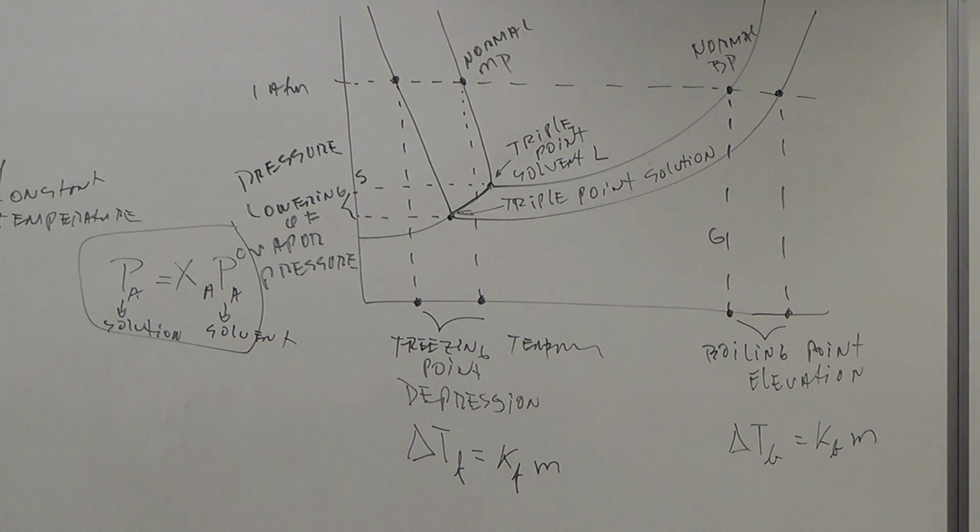Osmotic pressure is an increase. So 2 of them are increases and 2 of them are decreases.